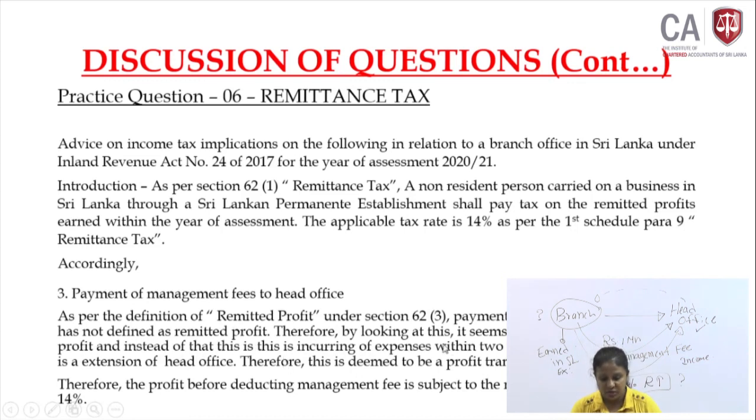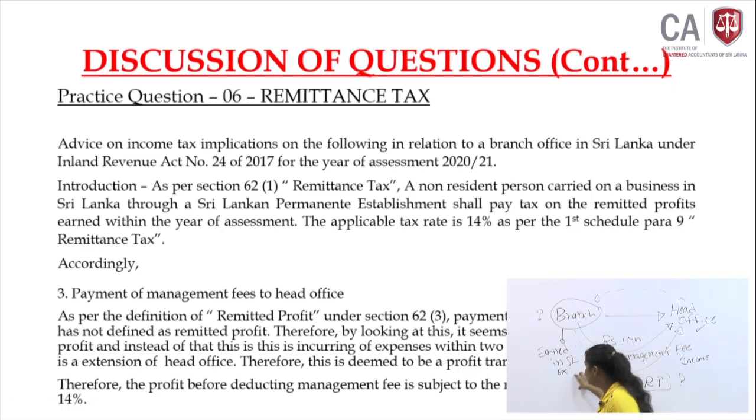Therefore, by looking at this, it seems not to be a remitting of profit, but instead incurring of expenses for the branch office.